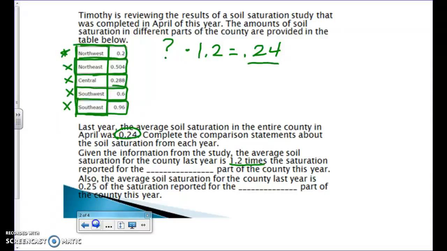So the one I should try is probably 0.2. So let's find out. Is 1.2 times 0.2 0.24? 1, 2, 0.24. Okay, so when it asks us which part of the county is 1.2 times the saturation reported from the last year, it would be northwest.